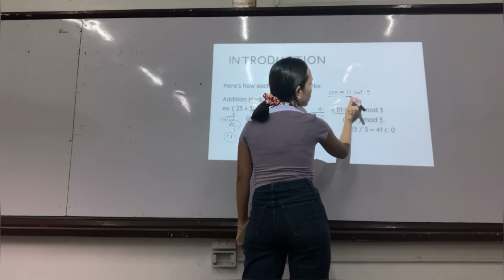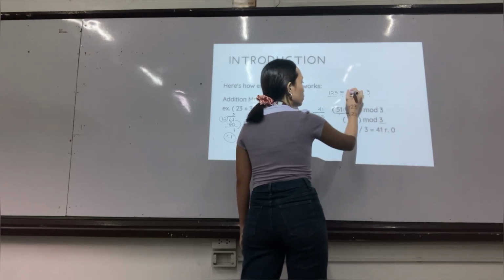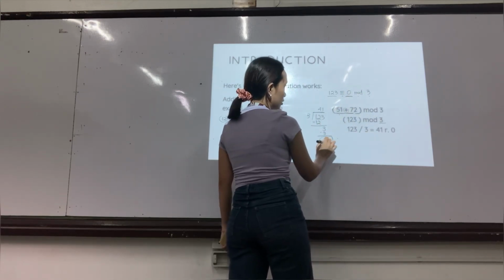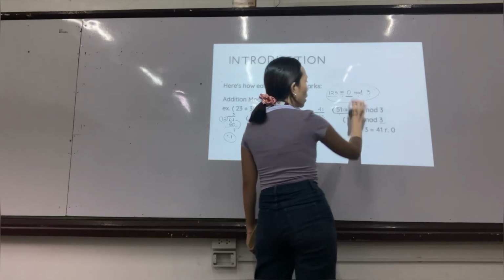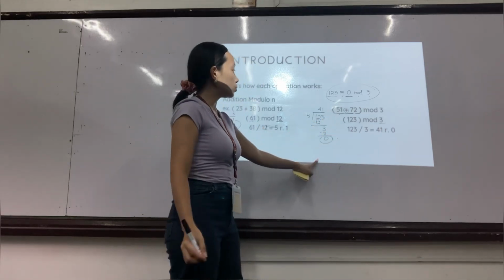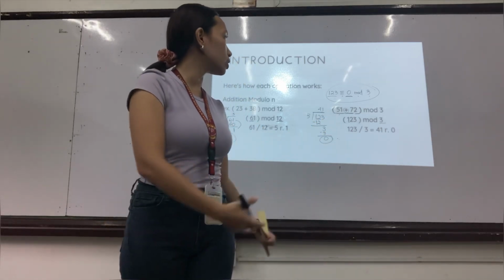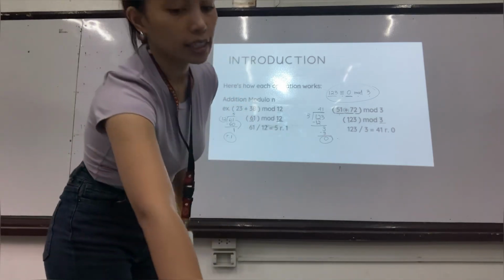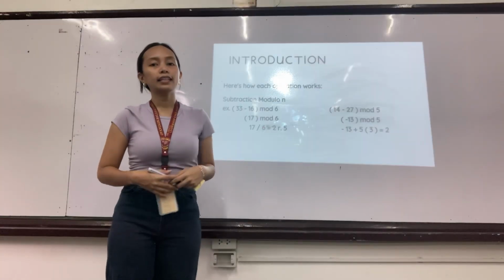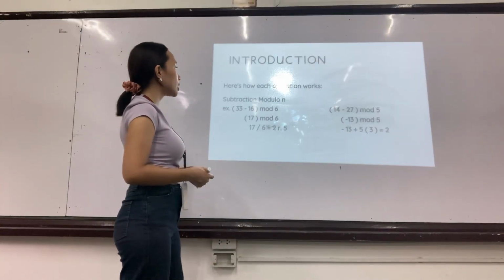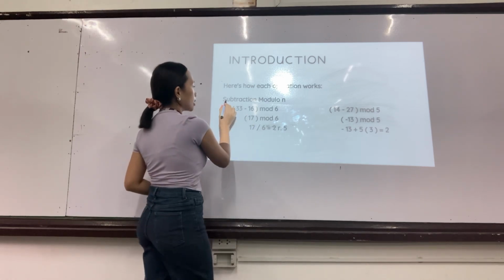Whatever value we find here is the answer, so we can still use the answer even though it's 0. Now that we are done with the addition, let us move on to the subtraction.